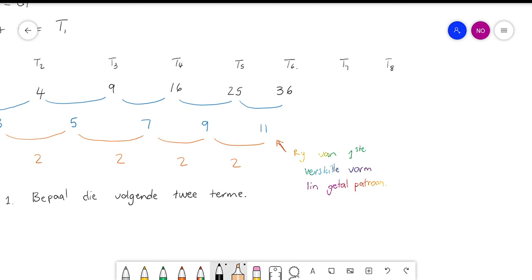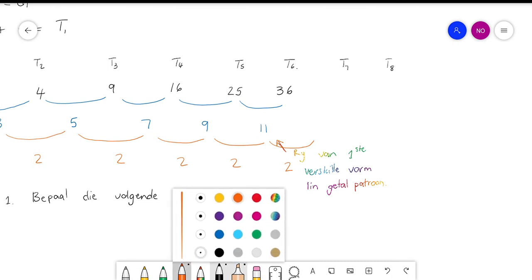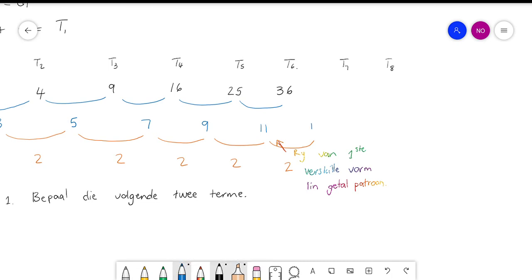Okay. Goed, so onthou hierdie ding moet konstant wees. So then from year to year, we'll have another constant difference of 2. Do you guys agree? So then what will the next one in blue be? 13. Do you guys agree? In other words, I'm going to say 36 plus 13 gives me 49. So term 7 will be 49.